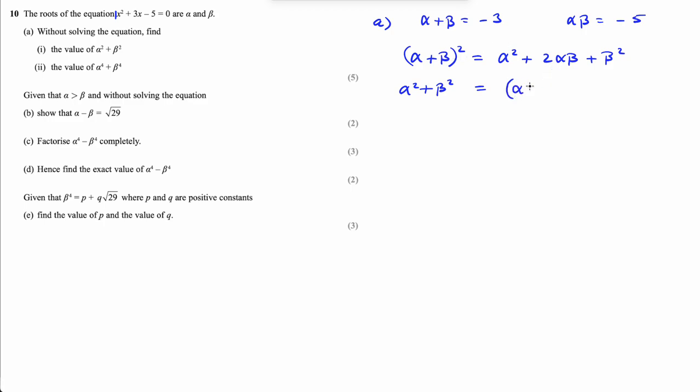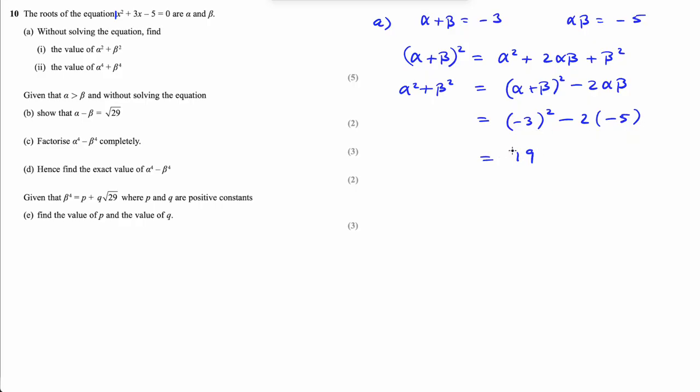So it's alpha plus beta squared minus 2 alpha beta. Now alpha plus beta is minus 3, so that's minus 3 squared. And alpha beta is minus 5, so it's minus 2 times minus 5. This is 9 plus 10, which is 19.